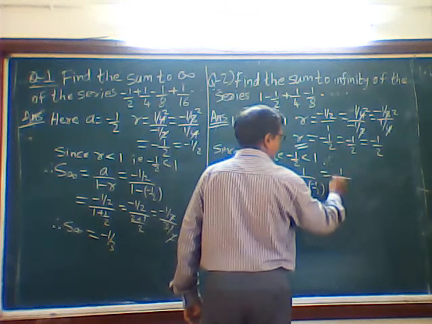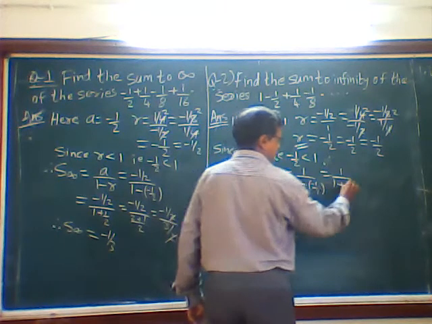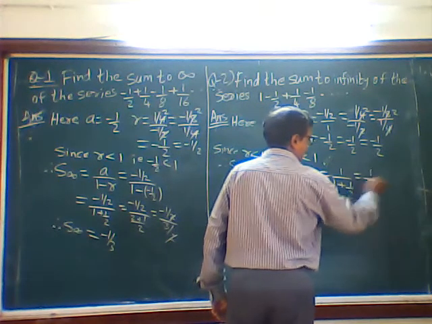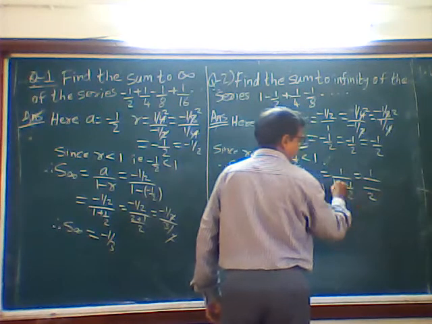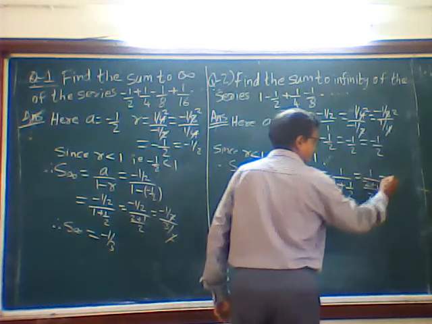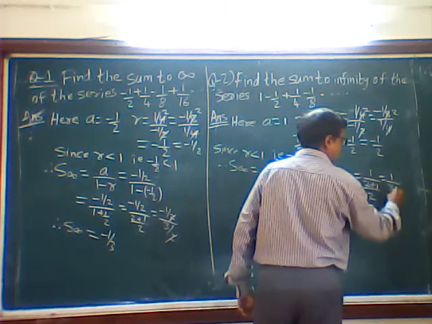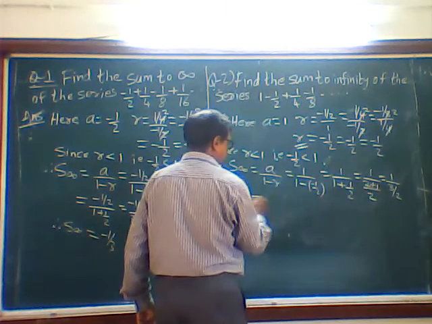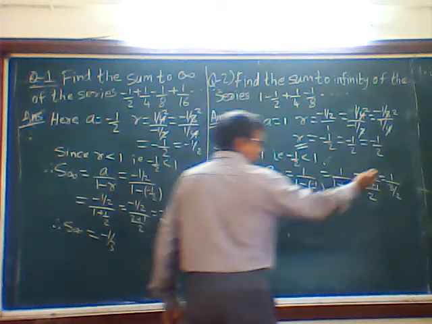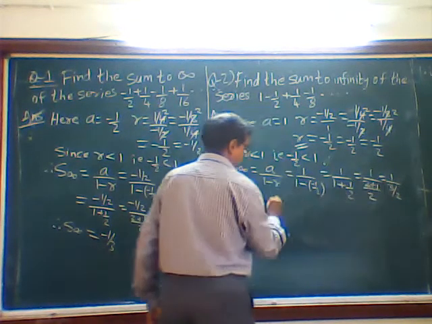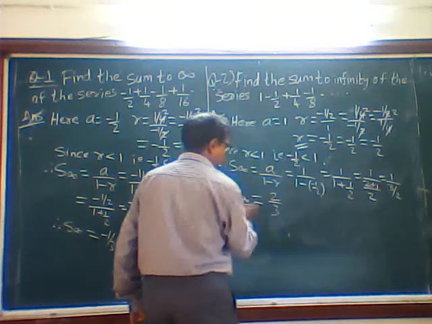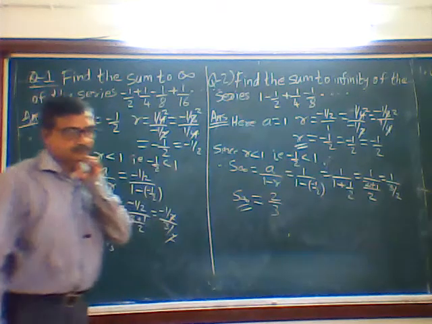So 1 upon 1 minus minus, plus. So 1 upon, LCM is 2 here. 2 will go here, 2 plus 1. So it will be what? 1 upon 3 by 2. That will become what? 1 upon 3 by 2. 2 will jump up. It will become 2 upon 3. So this is the answer. Okay.